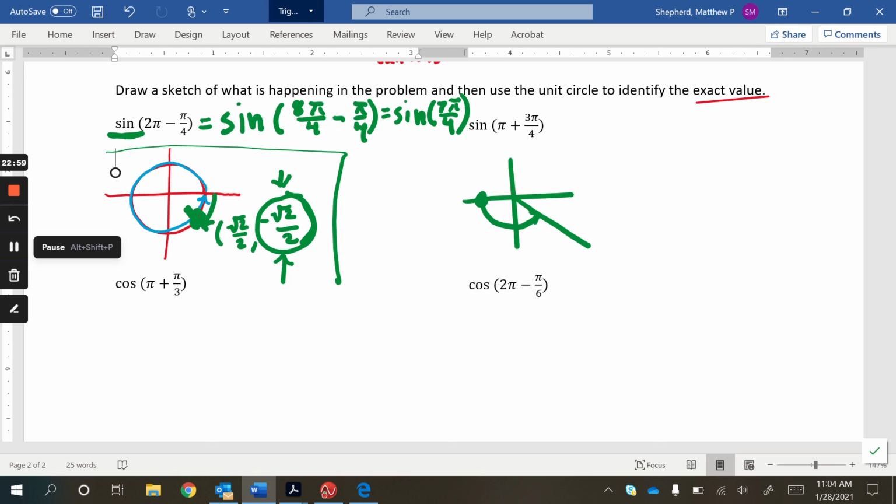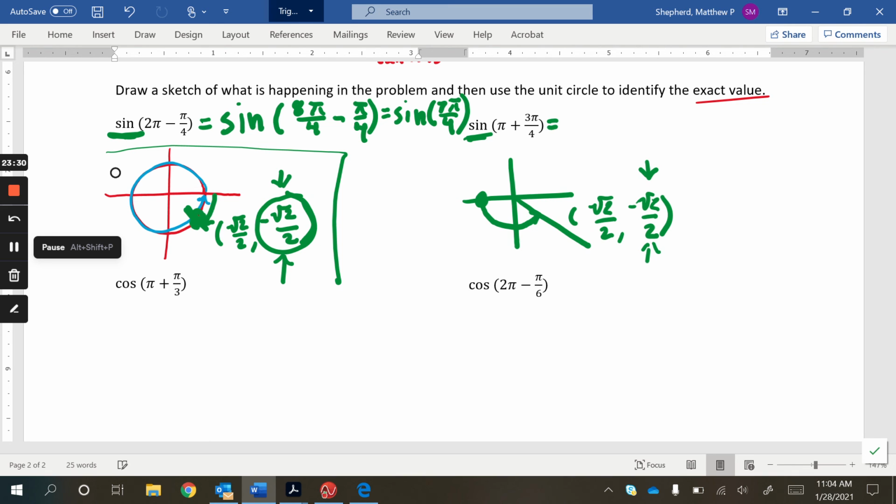So there that is. Now, this actually turns out to be that exact same point of square root 2 over 2, negative square root 2 over 2. Both of these statements were coterminal. So our answer is negative square root 2 over 2, because once again we were looking for the y value because it's sine.